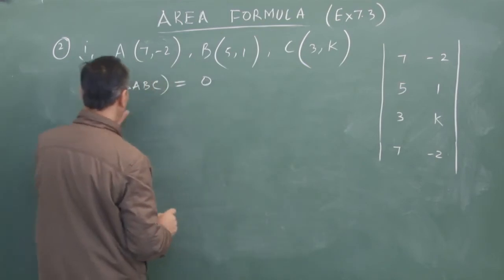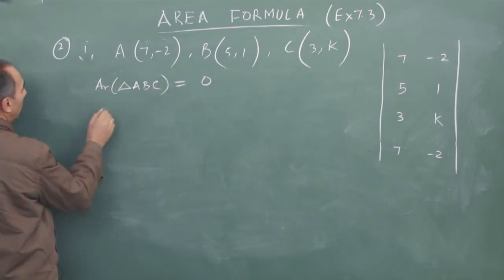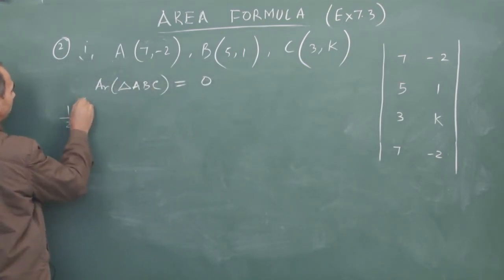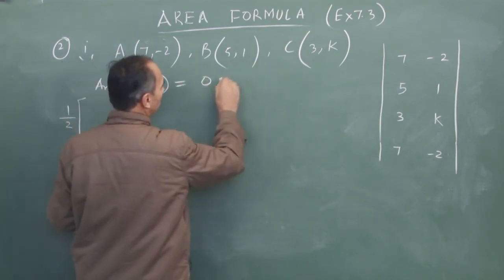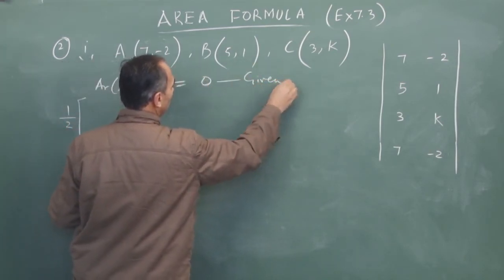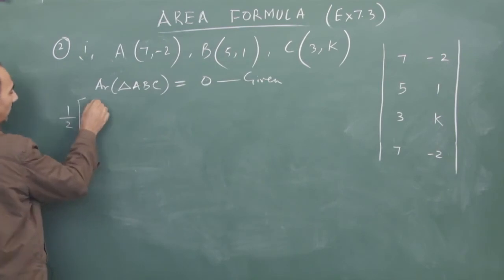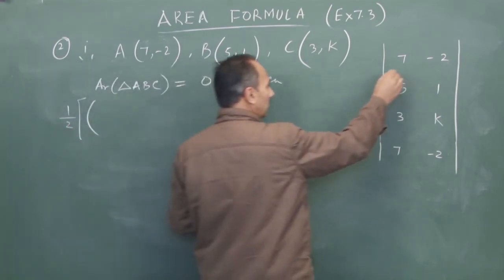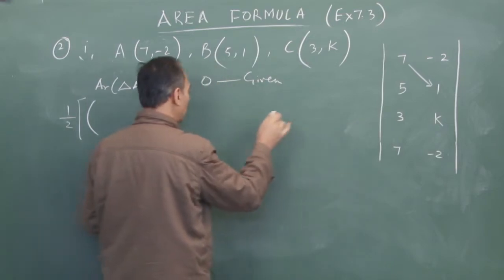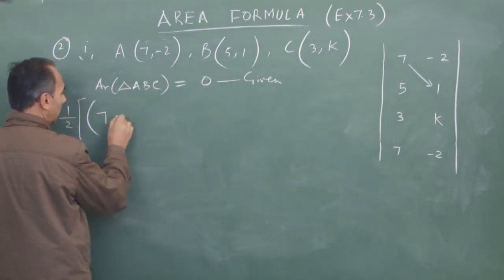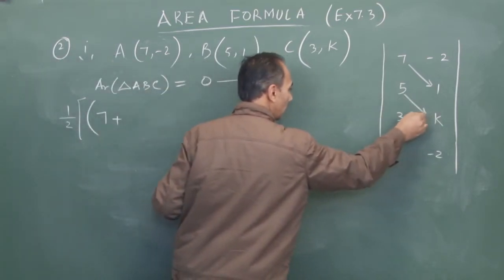Okay, so let's work on this equation. So area of triangle will be 1/2. This is given because points are collinear. 1/2, bracket starts. This into this. 7 into 1 will be 7 plus 5 into k.